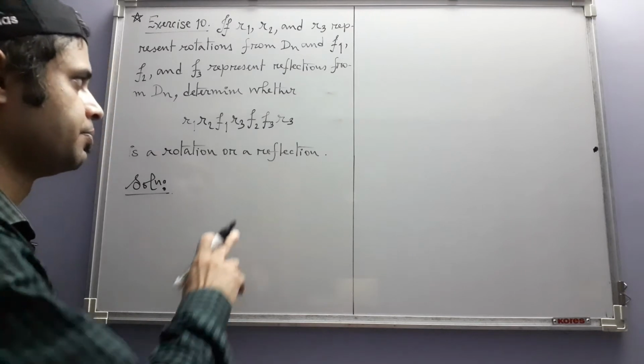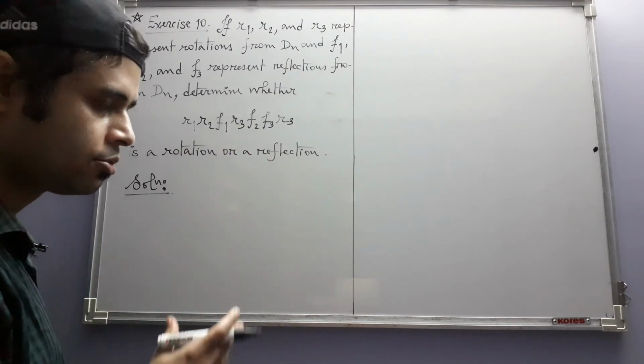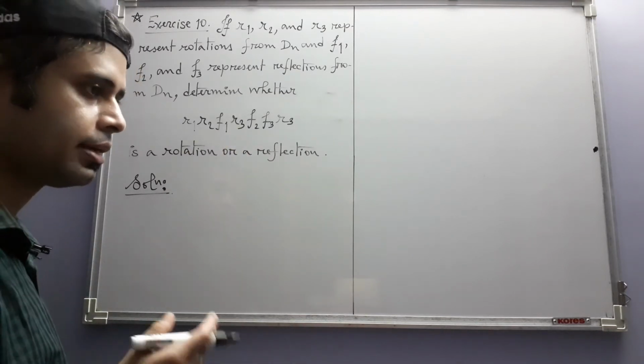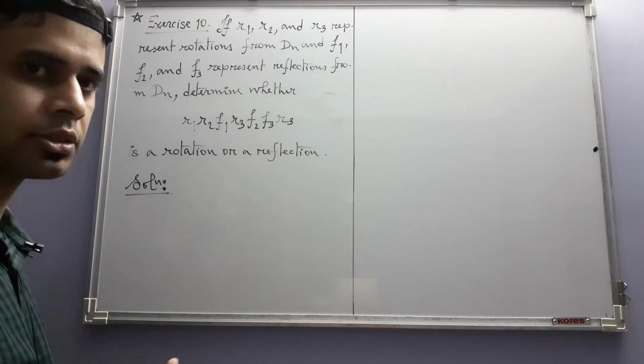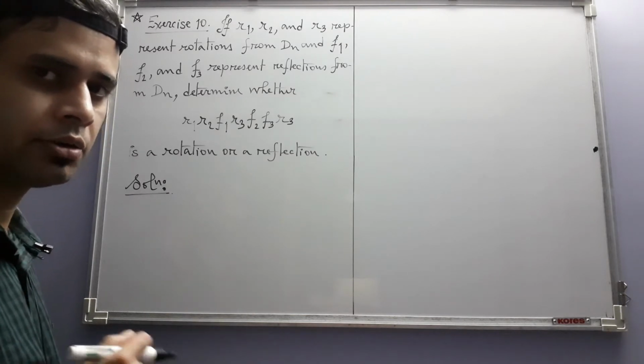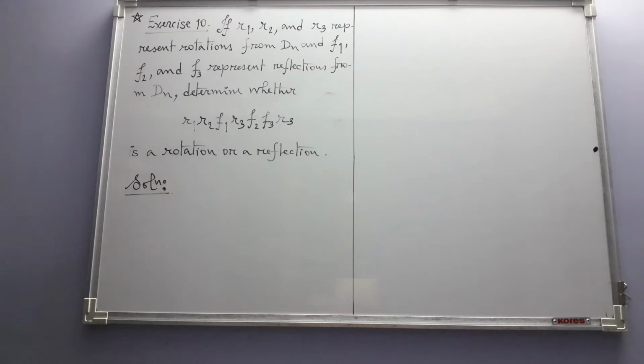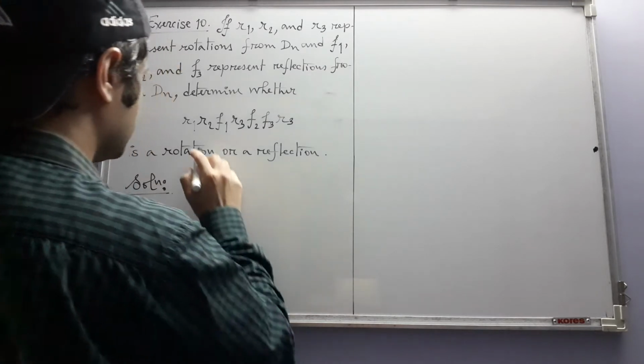And finally, if you take 2 reflections, then that is equivalent to a rotation because we get the original orientation back. So we have to figure out according to that.